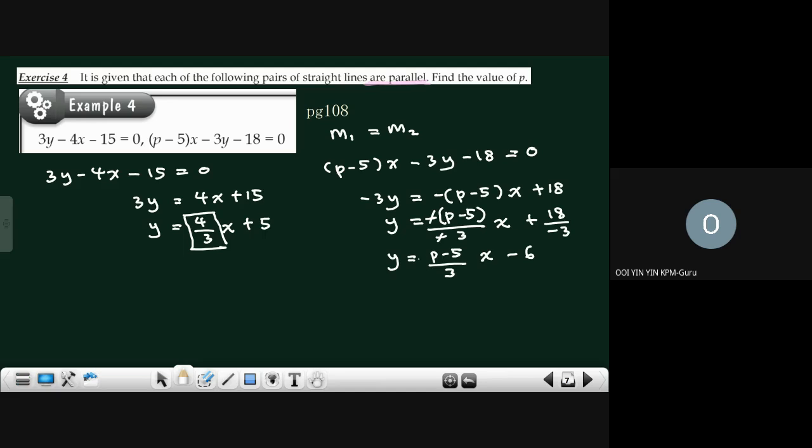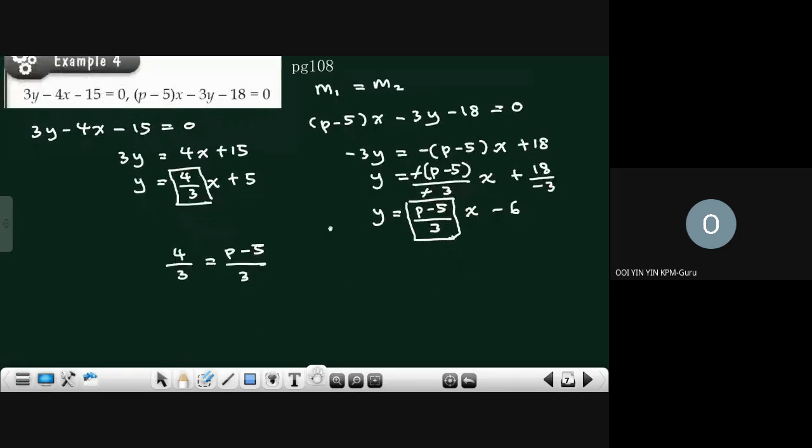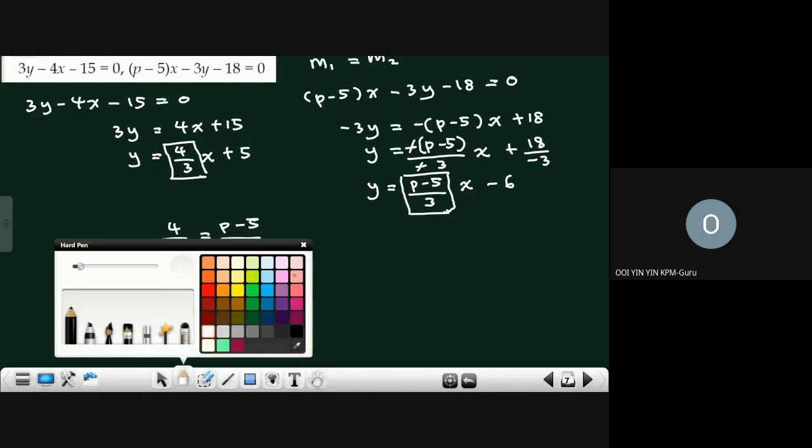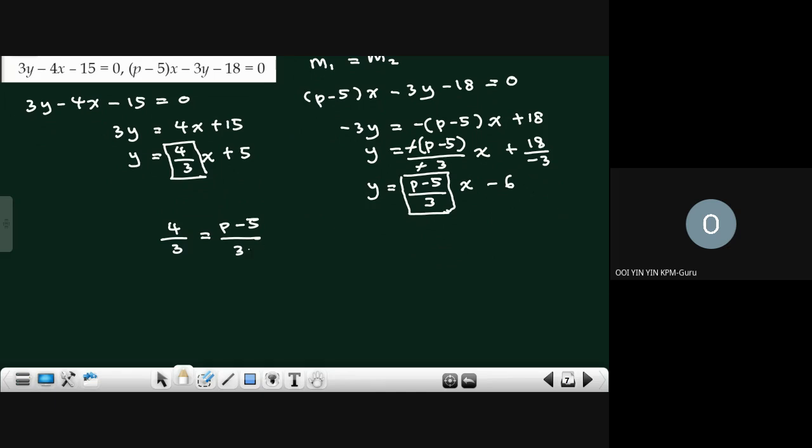Then what we want here is only this part, the m. As I told you, for parallel, m1 equals m2. So we can write that our 4 over 3 equals our p minus 5 over 3. And then this 3 you can cancel. You're not used to cancelling, but it can actually cancel off. Cancel off the 3 below.